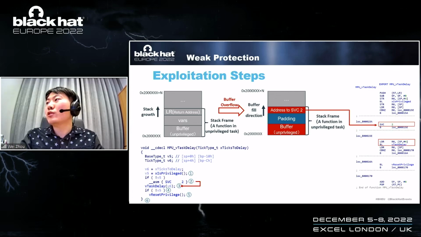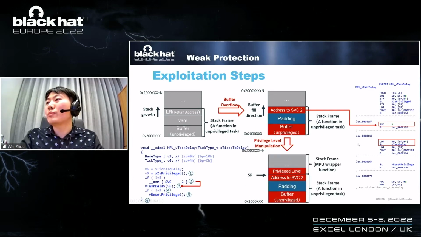Next, it will go to the kernel function, and we further overflow the privilege level on the stack. So when it finishes the kernel function, it will judge the original privilege level from the stack value, and the stack value has been changed to the privileged level. So it will directly return from these functions and will not reset the privilege.